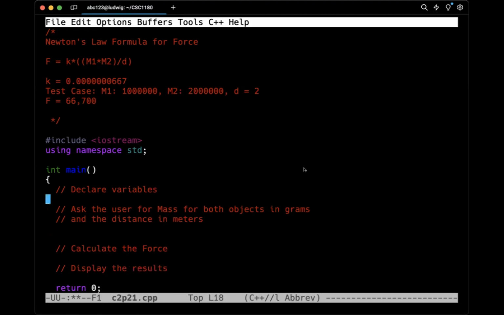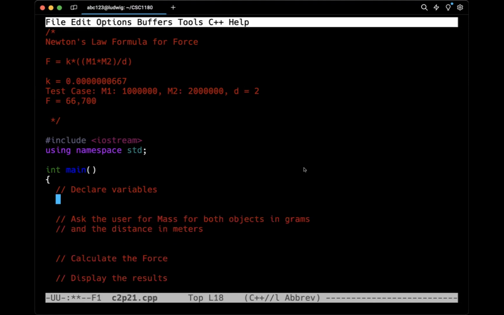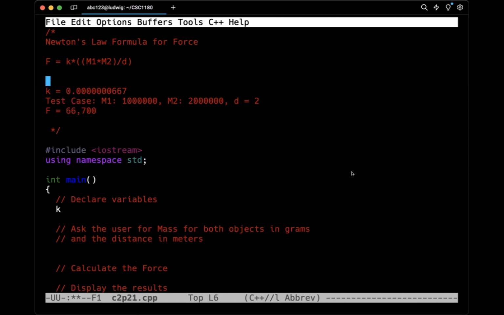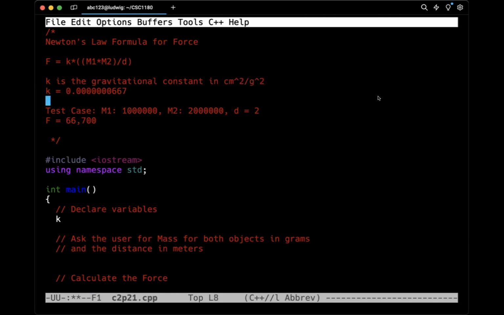As far as our variables go, I'm going to start with this gravitational constant. Just so this makes some sense, that's in centimeters squared divided by grams squared, just so we have some idea what we're doing up here.